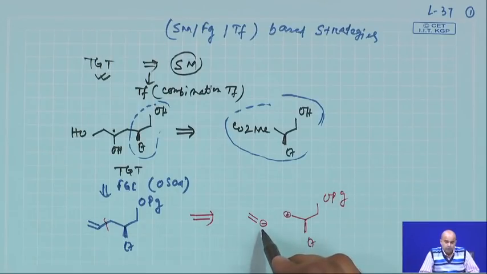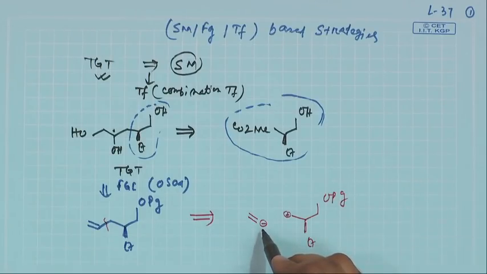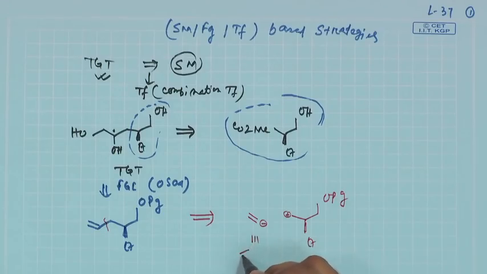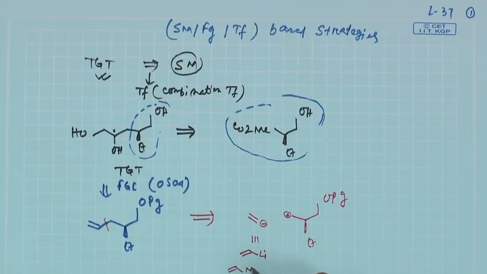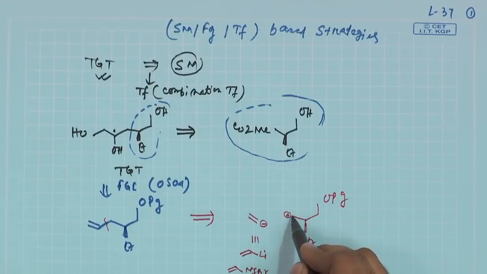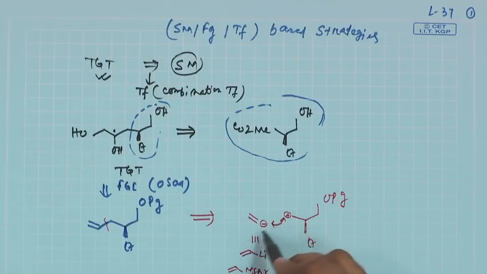We say if you have a simple vinyl anion, which in principle can be created by vinyl lithium or vinyl magnesium bromide, which is a source of vinyl anion, and then if you have an adjacent carbocation kind of thing, by simple substitution reaction you can connect this carbon carbon bond.